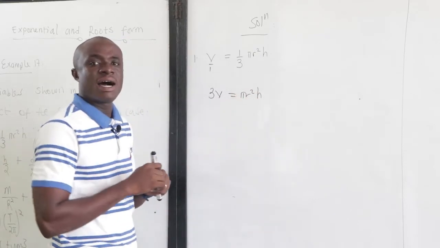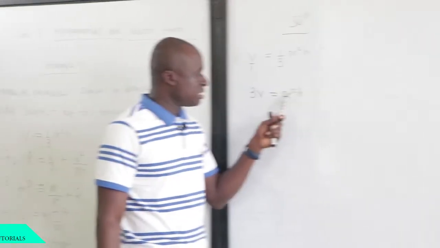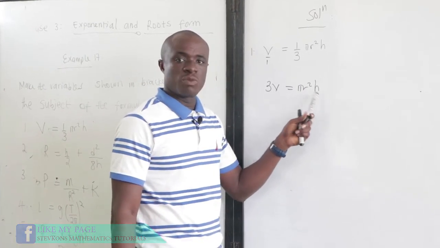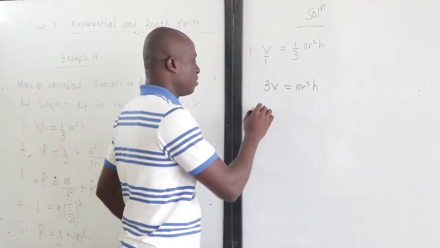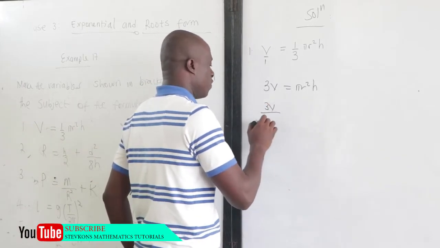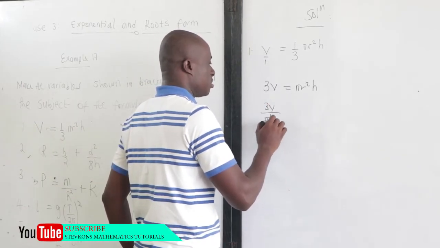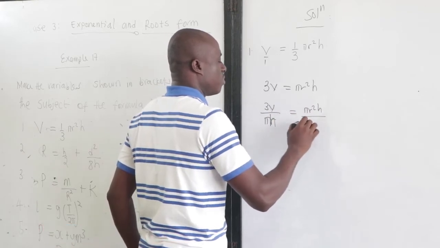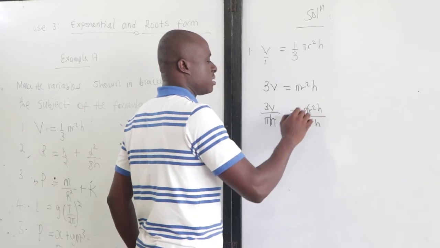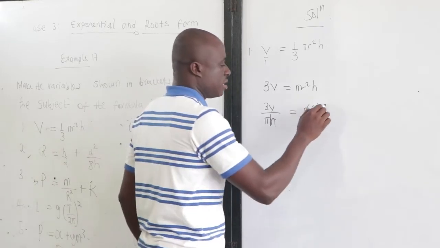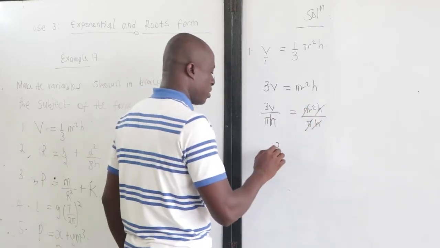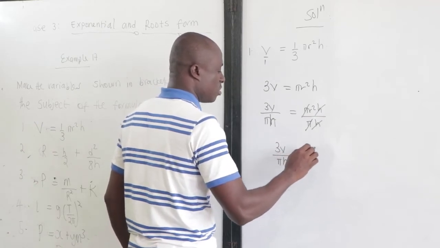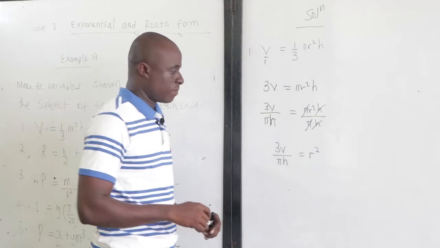We want to make r the subject. So clearly, let's see, we have r squared here, but what is multiplying? Pi h is multiplying. So we divide by it. So we have 3v all over pi h equal to pi r squared h all over pi h. This pi is cancelling out that pi. This h is cancelling out that h. So we have 3v over pi h equal to r squared.